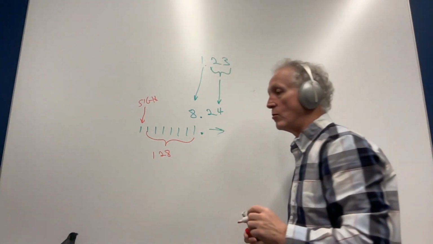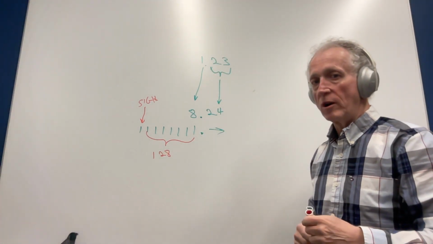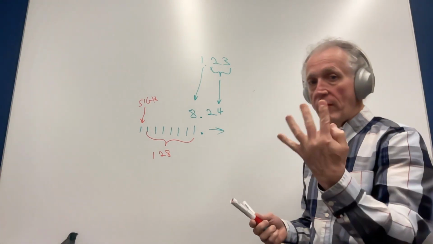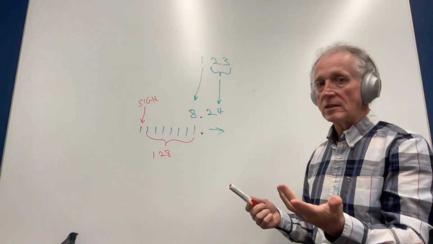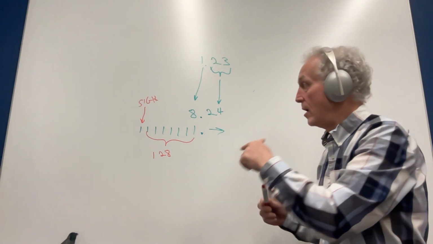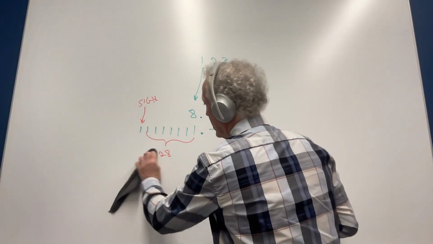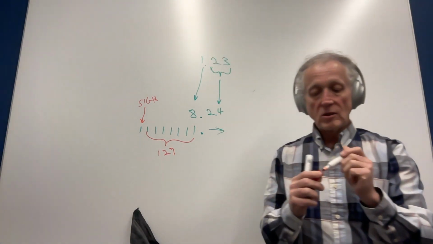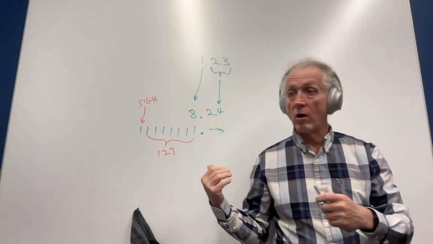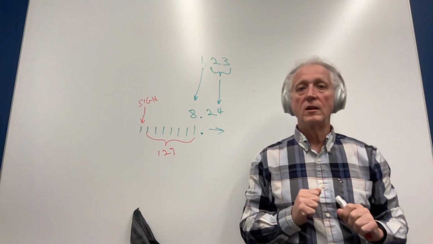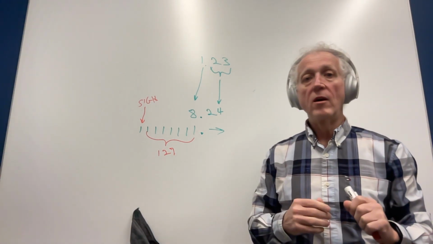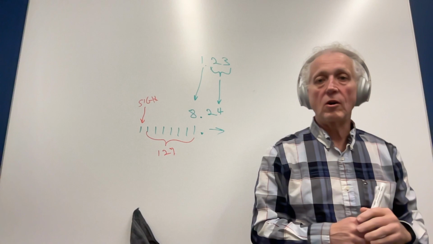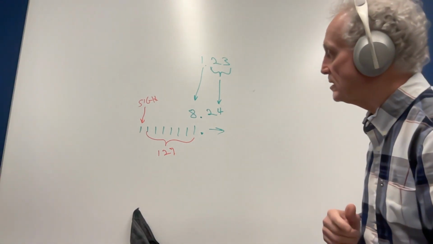But remember, we can't go all the way to 128, just like we couldn't go to 16 with 4 bits. The biggest we can go are these 7 ones, which is 127. So this is why in the Sigma 300 core, you can multiply by 127. You can go as high as 127 with a whole number, which is pretty cool. On the negative side, we can go down to 128, but 127 on the top.